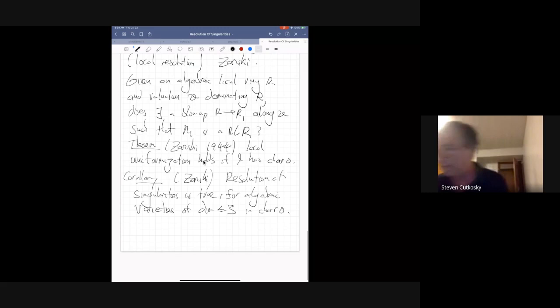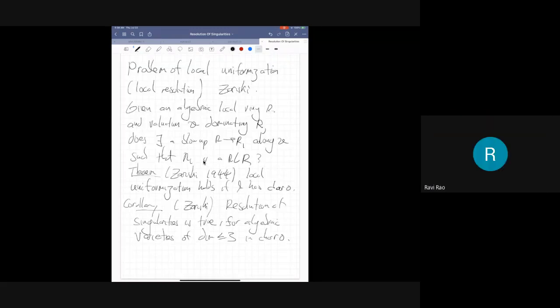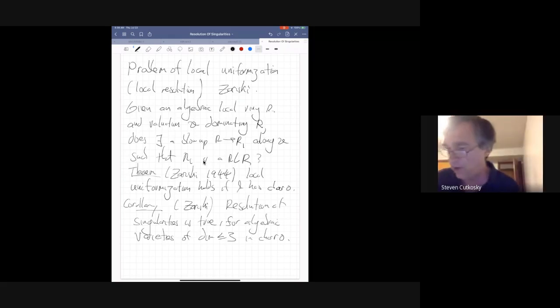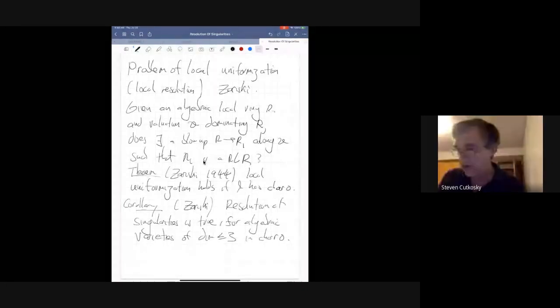Now this whole series of theorems is filled with incredibly ingenious and beautiful ideas. The method Zariski used to go from local uniformization to global resolution only works up through dimension 3, and Zariski's method actually uses characteristic 0, but that can be removed.